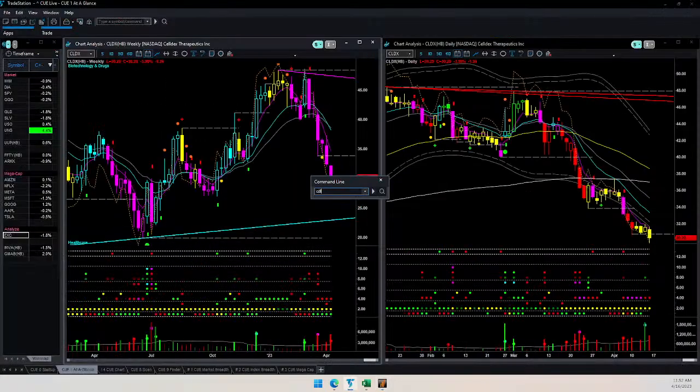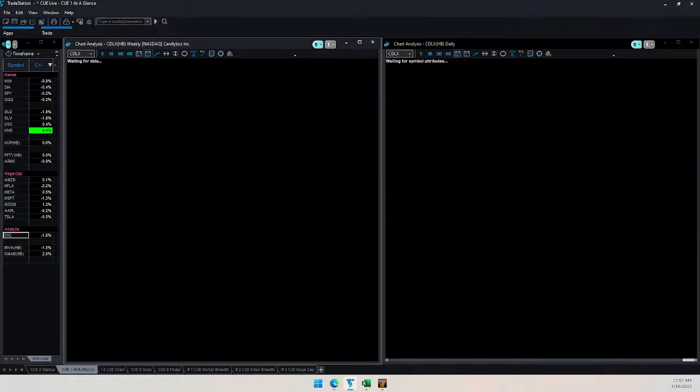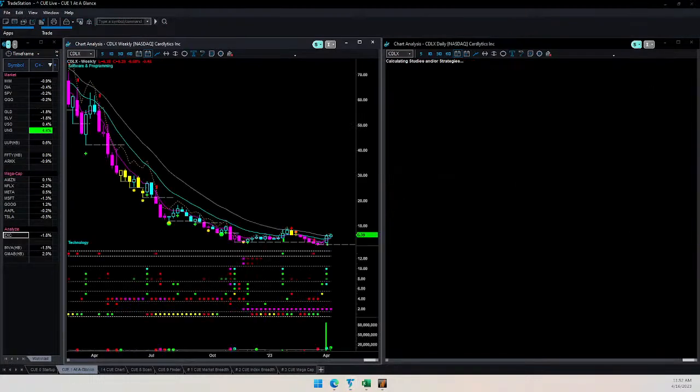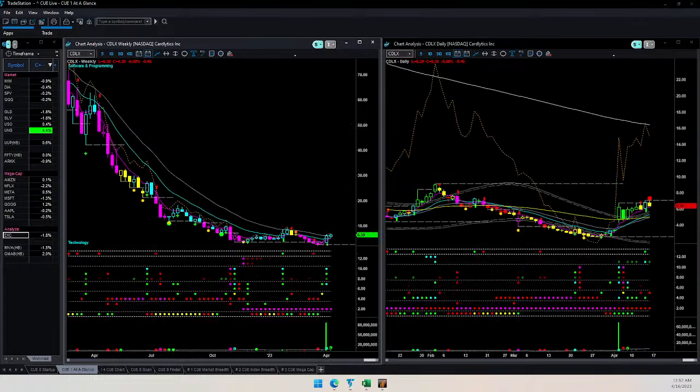Sorry, CDLX. CDLX has a bearish headwind signal, but if you applied the unambiguous checklists, it does not have a bearish headwind short setup. So I'm not going to consider shorting it.